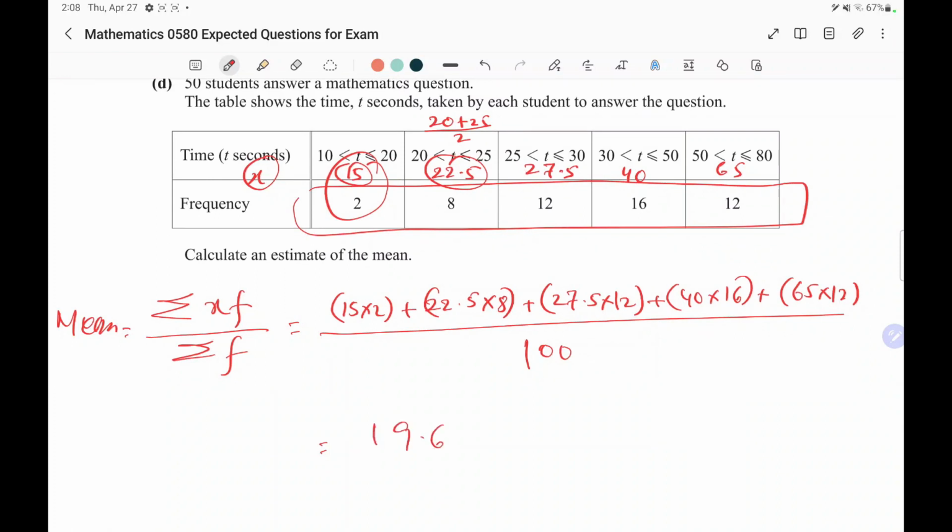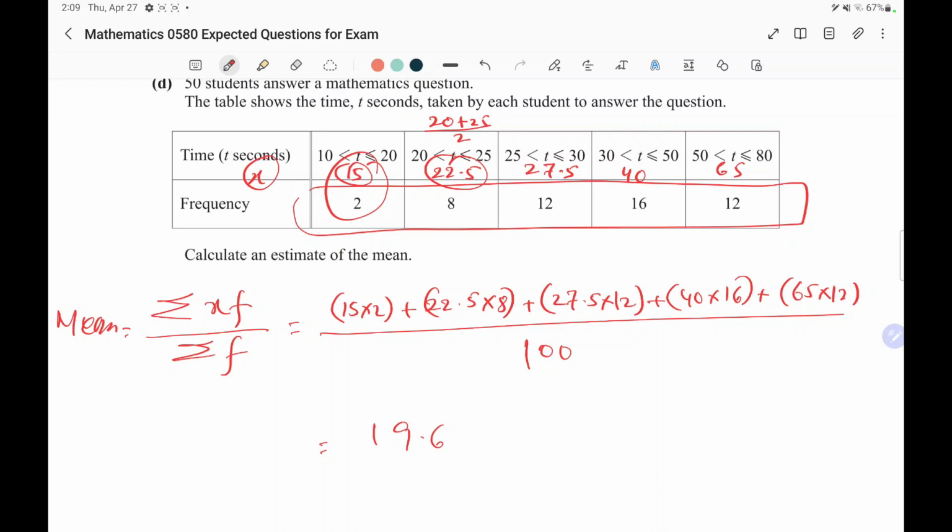So we have to check once again whether everything is all right or not, because it's just a calculation. You have to be very careful about your calculation. So let me do it again, because this type of calculation we should do twice. 15 times 2, that's 30, then 22.5 times 8, and check your calculator also whether it's typing everything correctly or not.